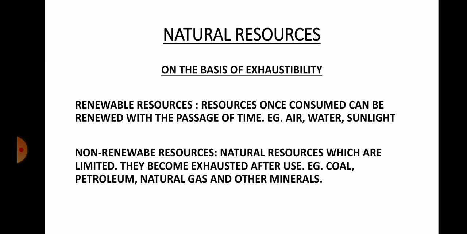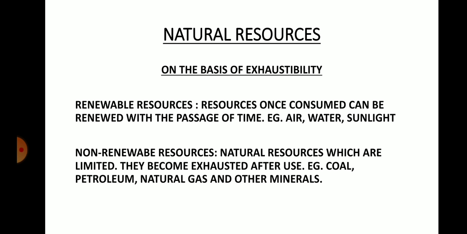Then the third classification of natural resources is on the basis of exhaustibility. Exhaust means when we use it, it gets finished. Okay, getting over. They have two types: renewable resources and non-renewable resources. So what are renewable resources?